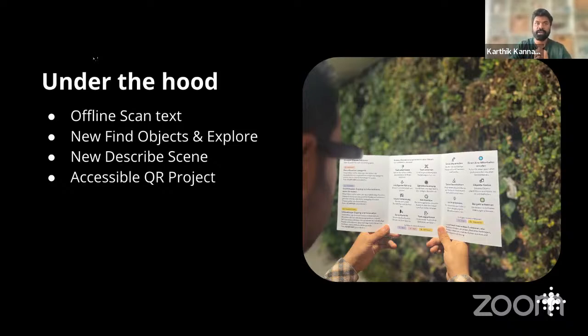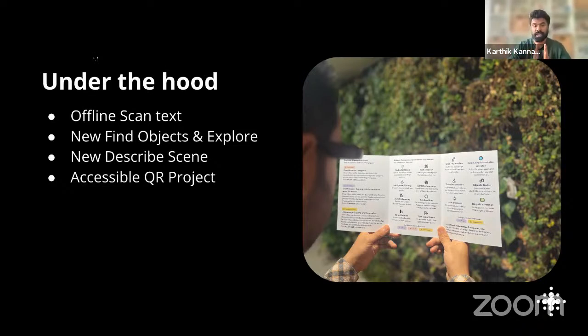And we also revamped the Explore mode. The Explore mode was a feature where the glasses speak out all the different objects in your surroundings. Now the Explore mode can recognize more objects, it's a lot faster than before, and it can also give you directions to the objects.